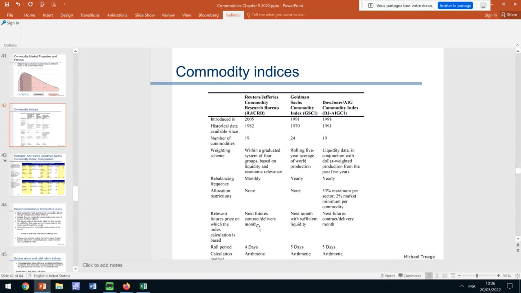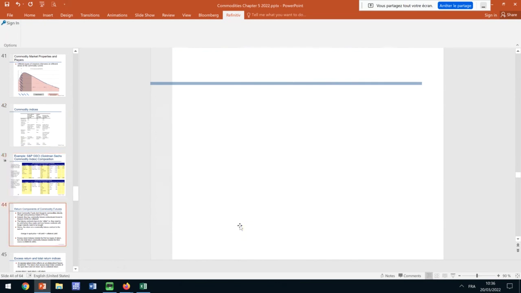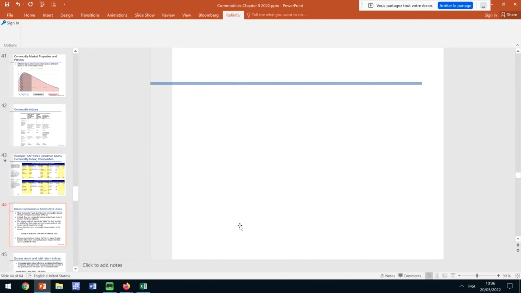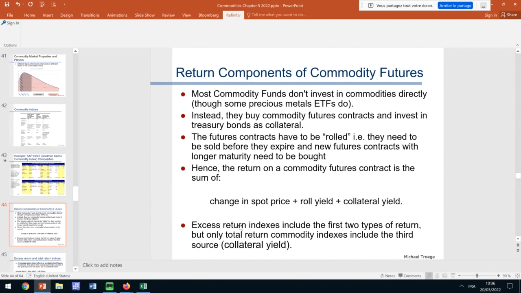So that's the relevant future that will be bought when the old one expires. That is of course a bit surprising, maybe. If you have in mind the functioning of a normal investment fund, they put their money in some stocks and then maybe they sell these stocks again and put their money elsewhere. But here you have to constantly trade simply because these securities are expiring.